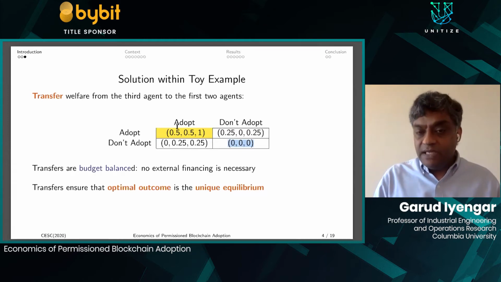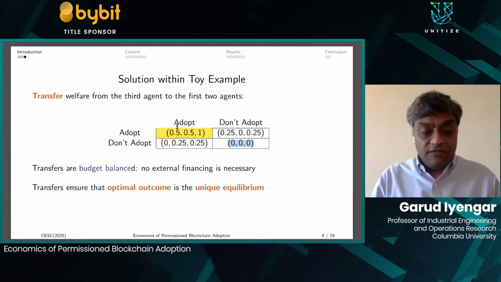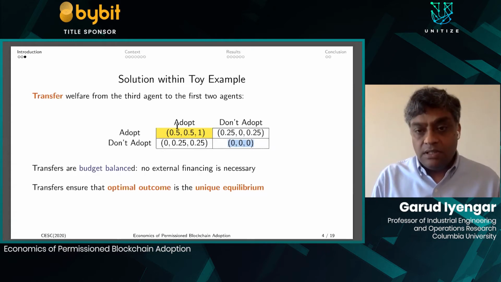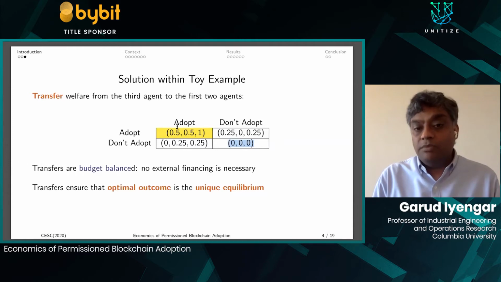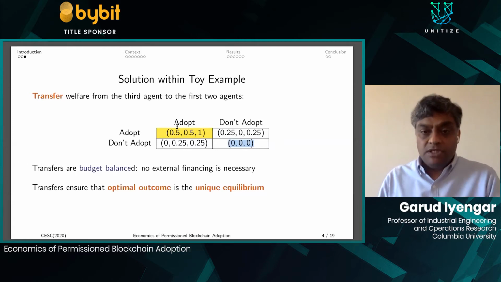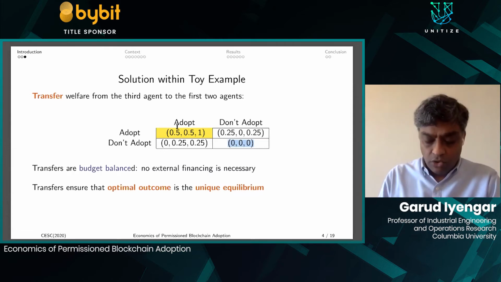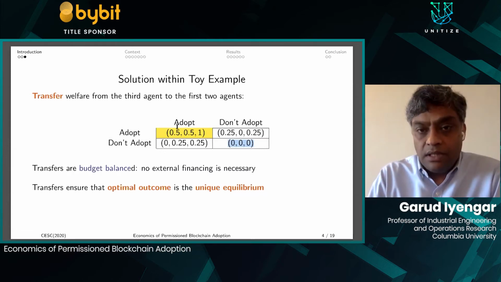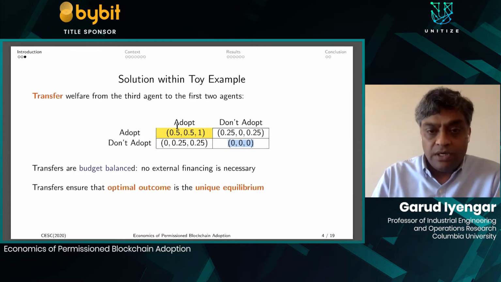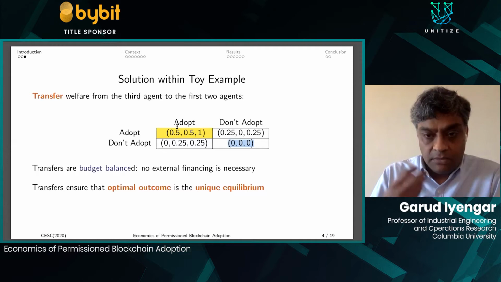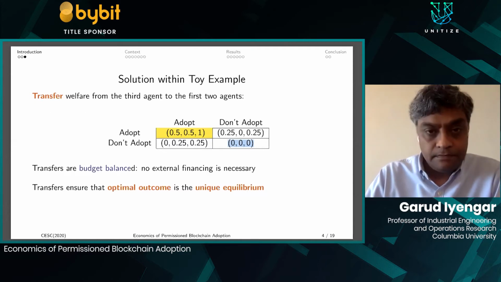And so there is a possibility that in equilibrium, they do not adopt the solution that could be socially optimal. And one way to solve this problem is to do transfers. We're now going to take this story over to a more realistic supply chain network and see how this essence can be represented in that network.